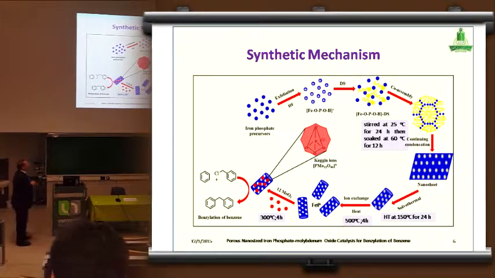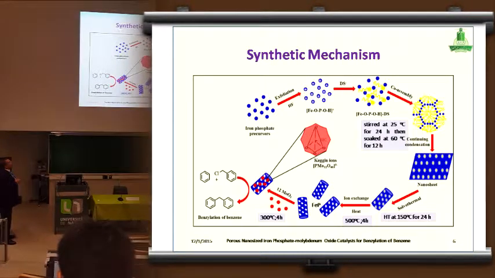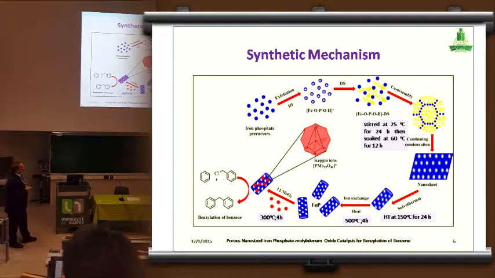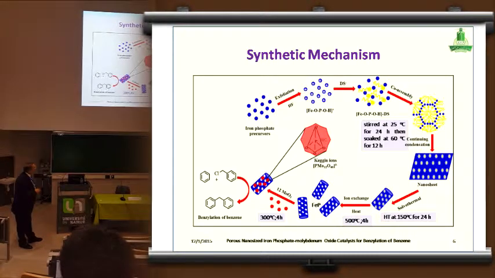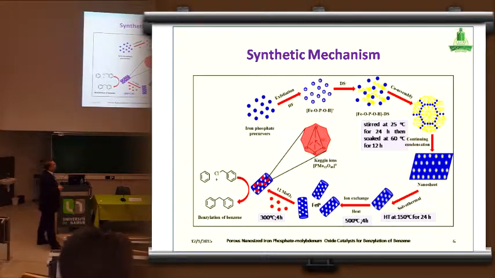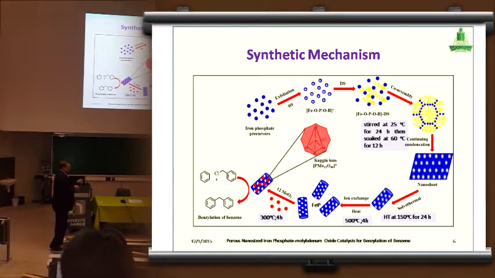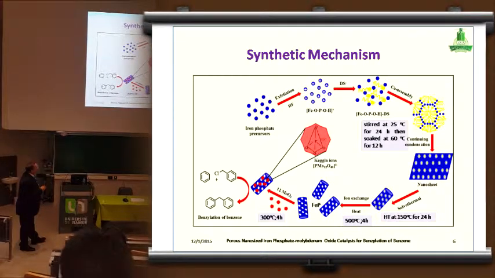So we go through the synthetic mechanism itself. We started with the iron phosphate precursors, exfoliated by hydrofluoride, adding sodium monosulfate, and then co-assembly of the material itself, leaving it at 60 degrees for 12 hours, and then under soft thermal treatment at 150 degrees for 24 hours, we get the tubes.